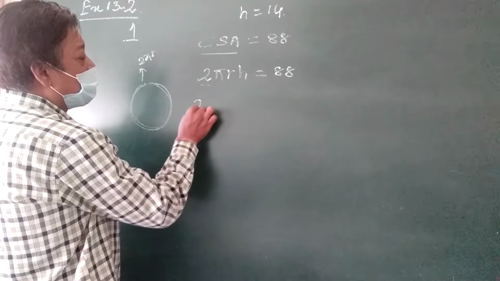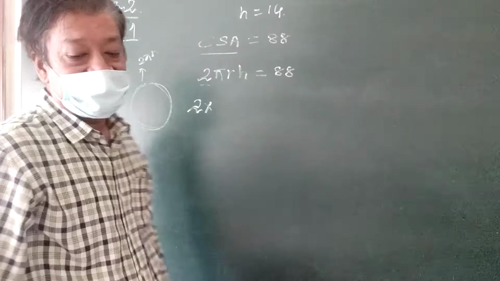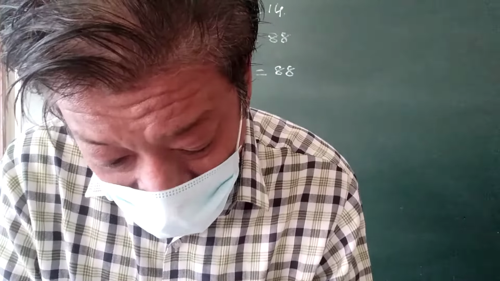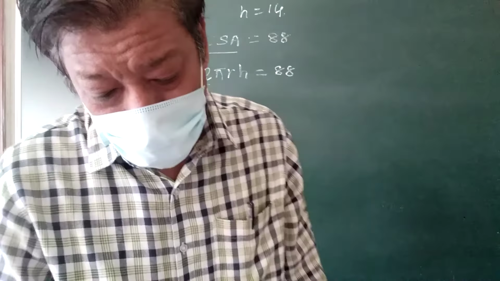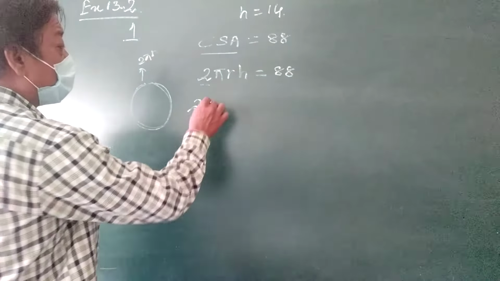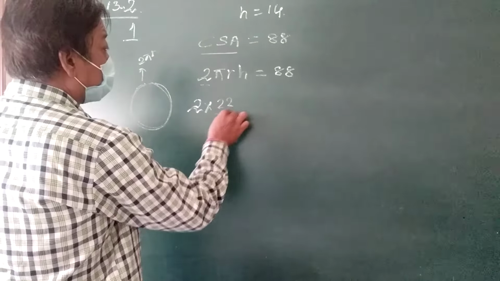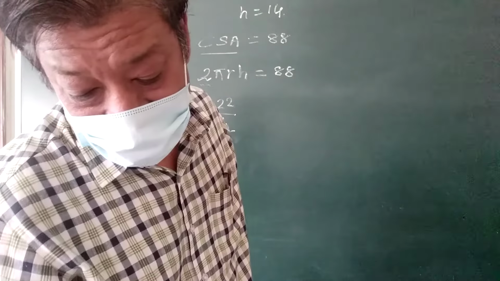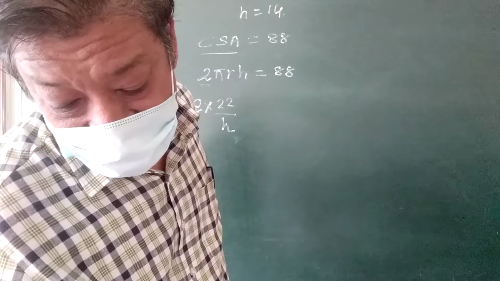You have to check if the value of pi is given in the question, then you have to take that. If it is not given, we have to assume it is 22 upon 7. Height is given as 14.